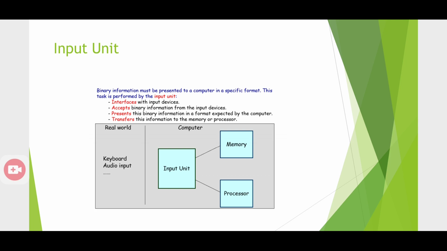There is a need for some interfaces between the input unit and the processor or memory. The main functionality of the input unit is giving input data to the processor or to the memory. For that, in between, we use input interfaces.